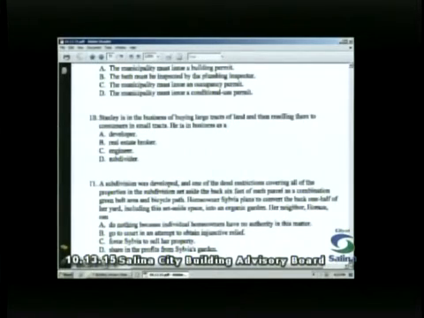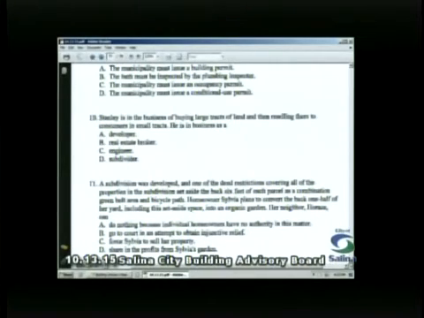A subdivision was developed, and one of the deed restrictions covering all of the properties in the subdivision set aside the back 6 feet of each parcel as a combination greenbelt area and bicycle path. Homeowner Sylvia plans to convert the back half of her yard, including this set-aside space, into an organic garden.